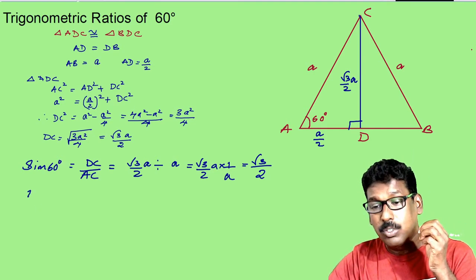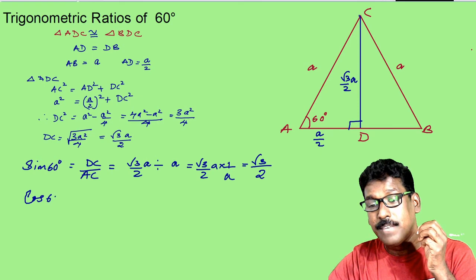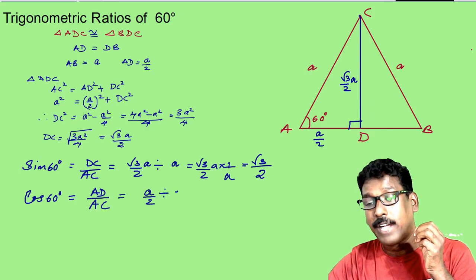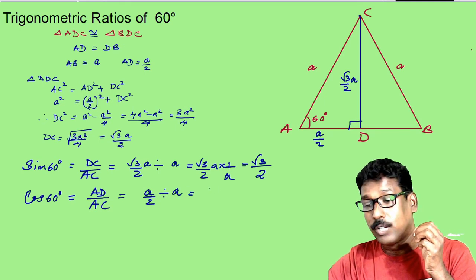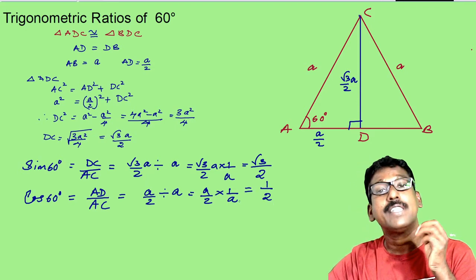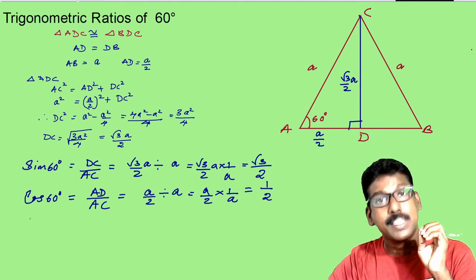Now, what about cos 60 degrees? Cos 60 degrees you can write as adjacent side, which is AD by AC. That is a by 2 divided by a, that you can write as a by 2 into 1 by a. a cancels, so you will get 1 by 2. This is the value of cos 60 degrees.